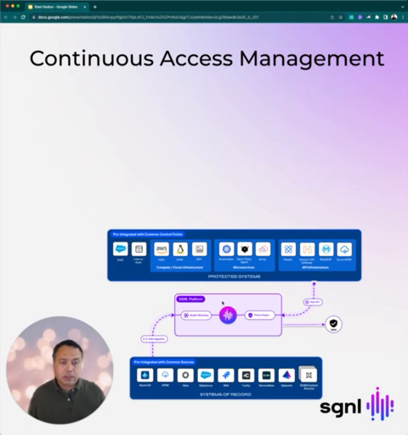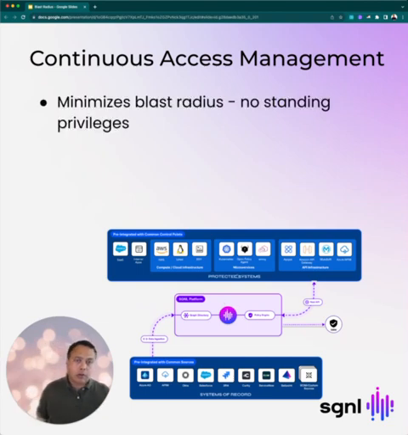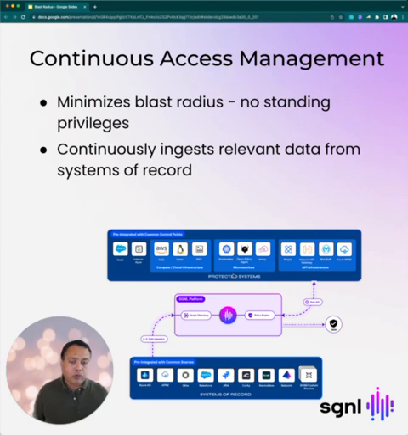And so how this is done is through this strategy of continuous access management. What it does is minimize the blast radius, so there are no standing privileges. And then, if you see in the diagram below, we continuously ingest data from all the systems of record, like your CRM or HR or your ticketing system, and others.